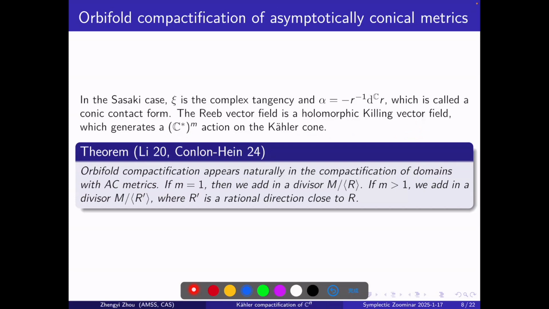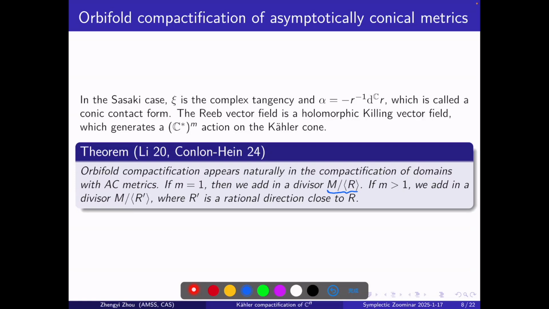They show that orbifold compactification will appear naturally in the compactification of domains with AC metric. By natural, I mean it comes with all these nice estimates. And when m is 1, this compactification simply adds M quotient by the Reeb vector field, where M is a Sasaki manifold.